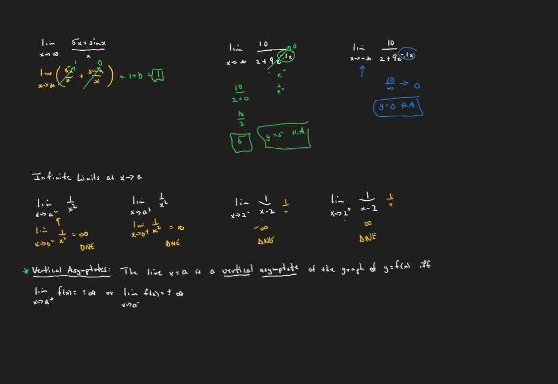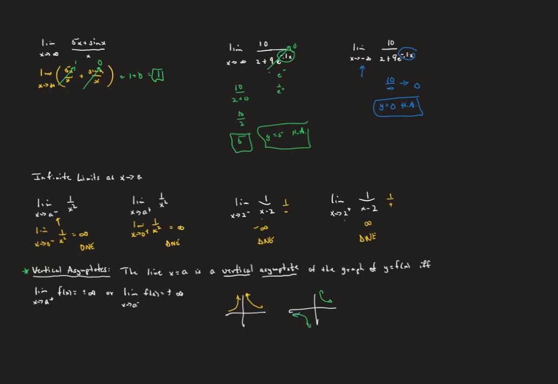If our one-sided limit on either side goes to either positive or negative infinity, that qualifies as a vertical asymptote. We've seen examples like the 1 over x squared, where it goes to the same infinity on both sides, and in the case of 1 over x, it goes to positive infinity on one side, negative infinity on the other.